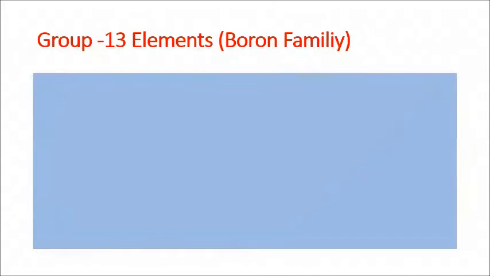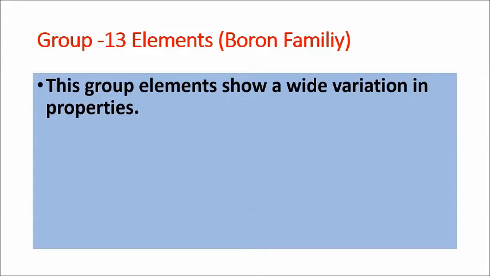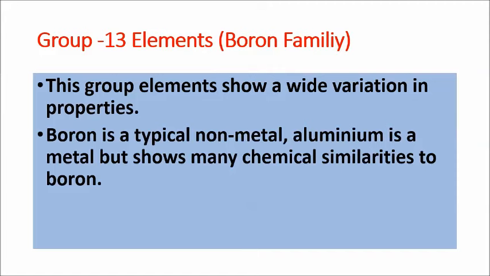Now let's see the first family, that is the boron family, which belongs to group 13. This group of elements shows a wide variation in its properties. Boron is a typical non-metal, but aluminium is a metal that shows many chemical similarities to boron also.